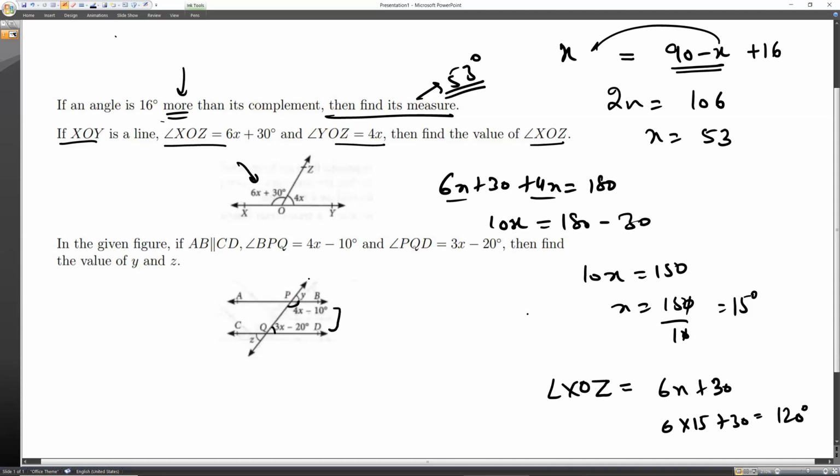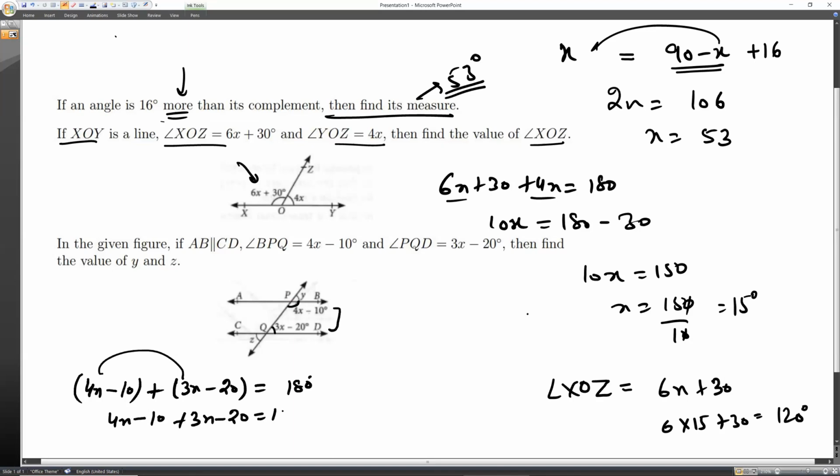So how do you find out? You write 4x minus 10 plus 3x minus 20 is equal to 180 degrees, because the sum of these two interior angles will be equal to 180 degrees. Now you add these, because this is a simple plus sign, so the bracket will open. You will get 7x minus 30 is equal to 180 degrees.